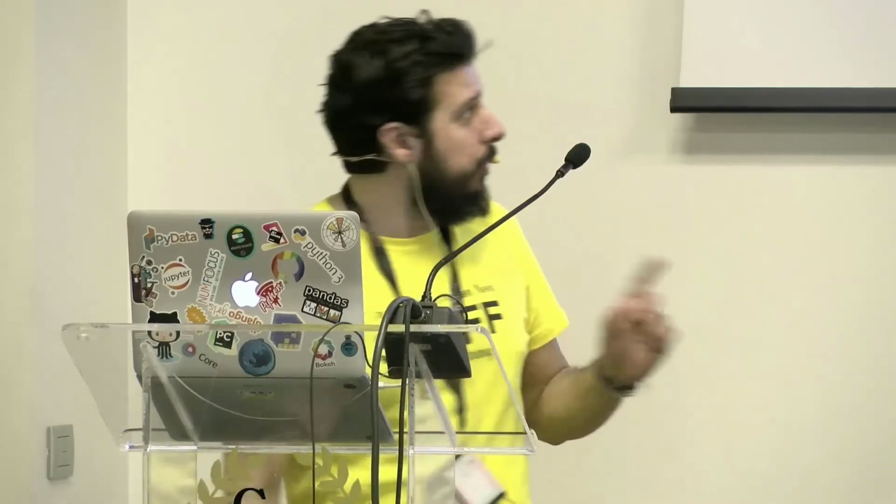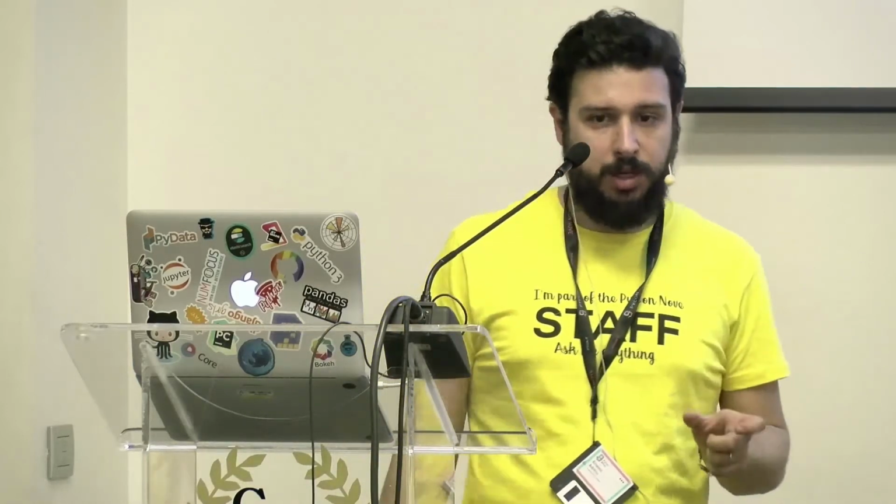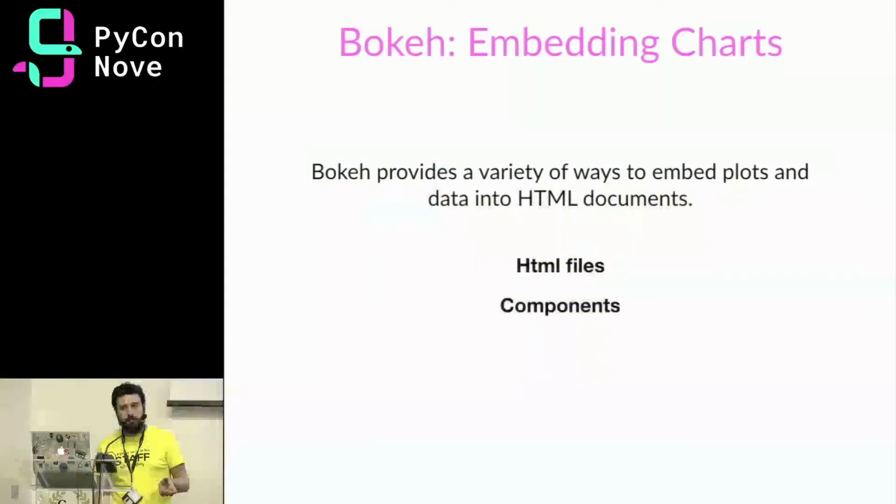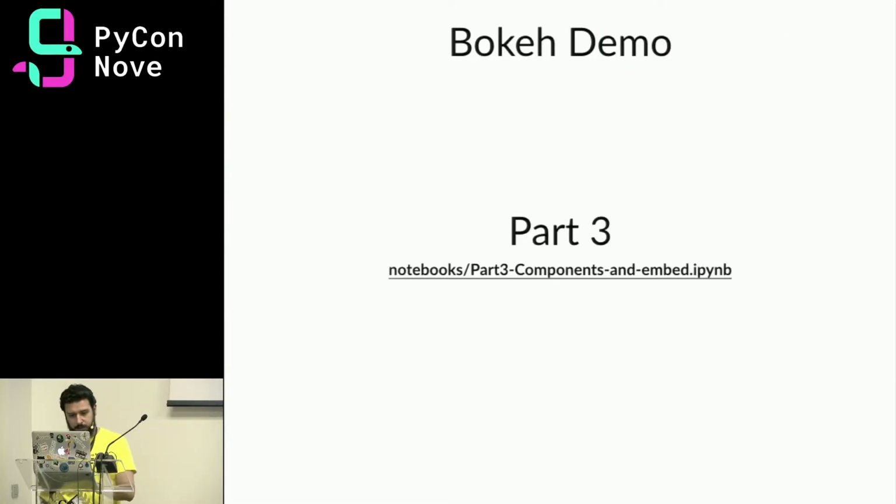Or a components module that permits us to serialize the object and then use these two components to integrate the charts in the web page. But it's simpler to see than to explain. So, another notebook.